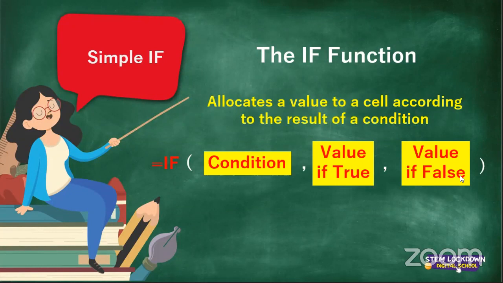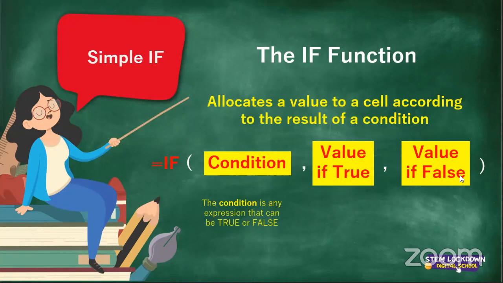So just as a description, a condition is any expression that can either be true or false. For example, you can either be male or be female, right? It can either be yes or it can either be no, right? So those are some of the conditions that we can put, right? Either this or that, right?